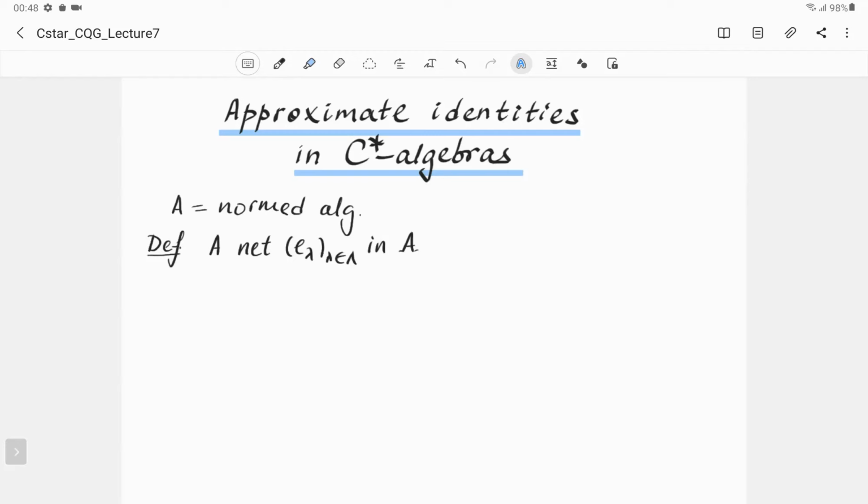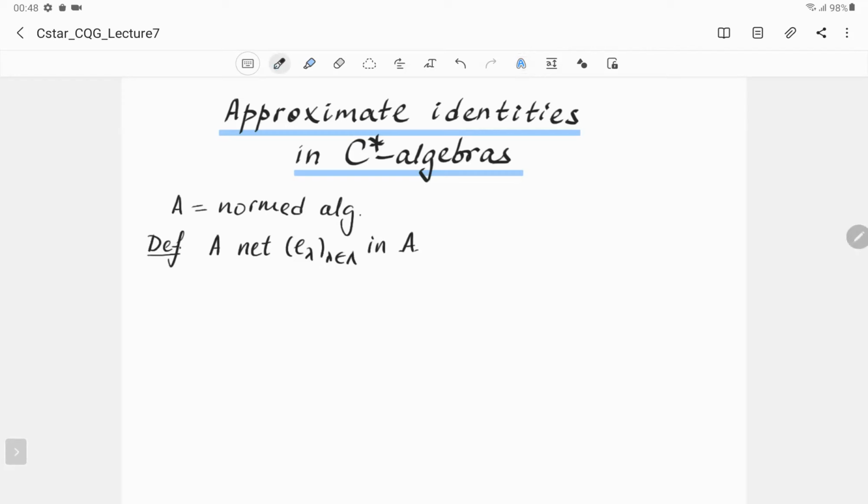So e lambda converges to x if for each neighborhood of x, there is an element, say lambda 0, in our index set, such that e lambda sits in this neighborhood if lambda is greater than or equal to lambda 0.